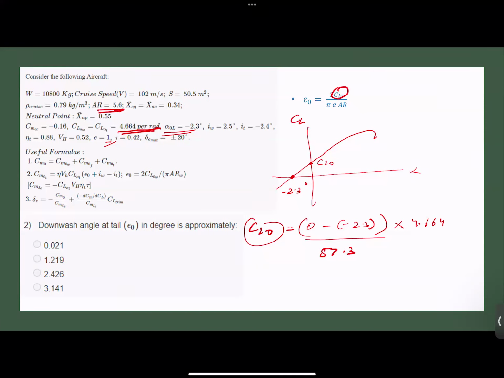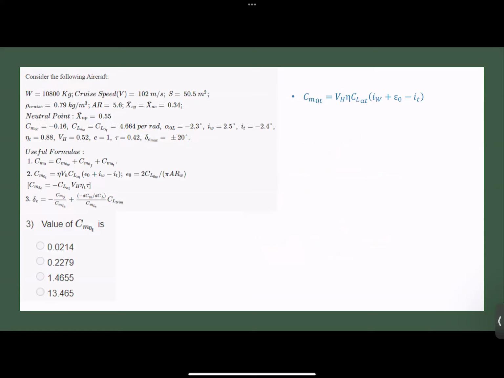Okay. Next question was the value of CM naught tail. That is the CM naught contribution of the tail, which was the first part of the tail contribution equation. So I've just written it down here. VH we have given as 0.52. Eta is given to us as 0.88. CL alpha tail in per radians is 4.664. And you have your angles in degrees, so conversion is necessary here.